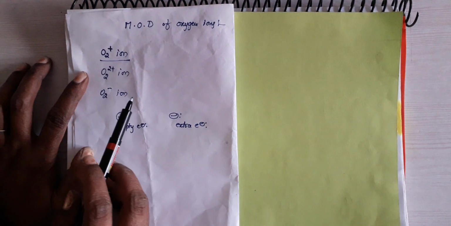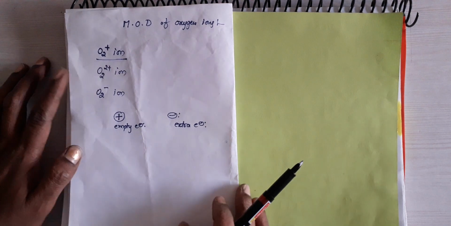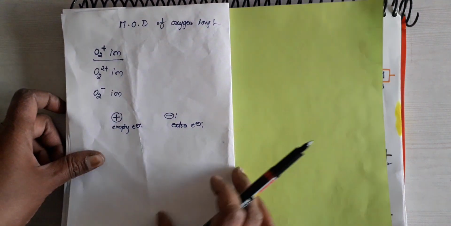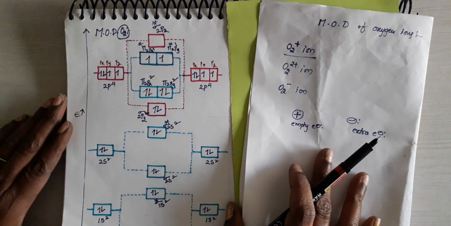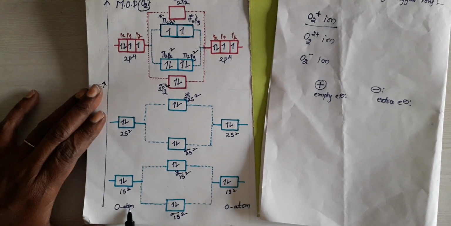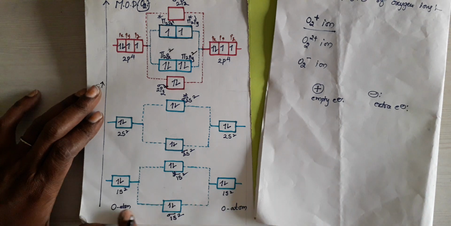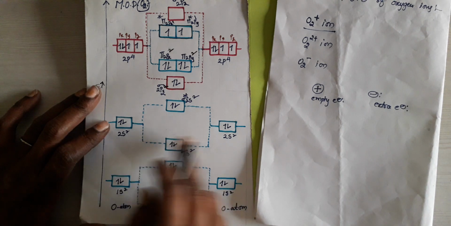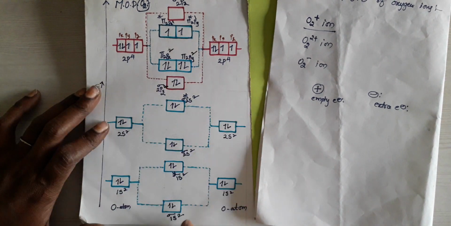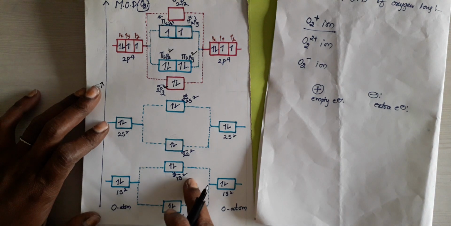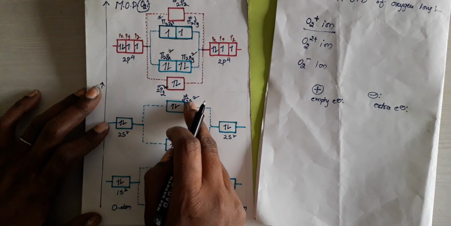Already in the previous video we learned about the oxygen molecular orbital diagram. See here, like this. On one side we had taken an oxygen atom, and on the other side also an oxygen atom. So here 1s2, 1s2, 2s2, 2s2, 2p4, 2p4, and sigma 1s2, sigma star 1s2, sigma 2s2, sigma star 2s2.